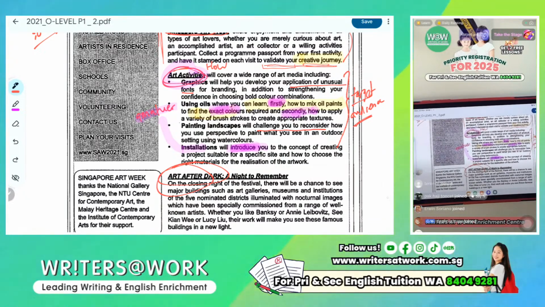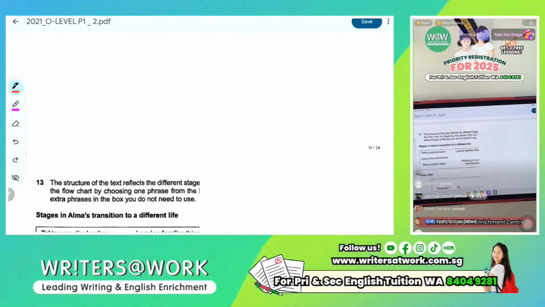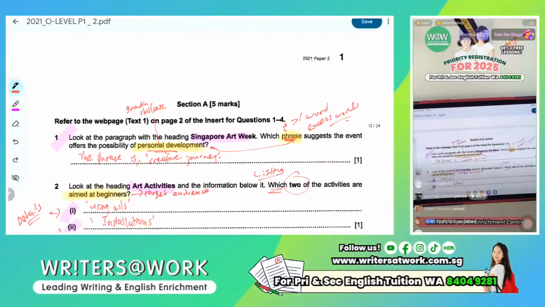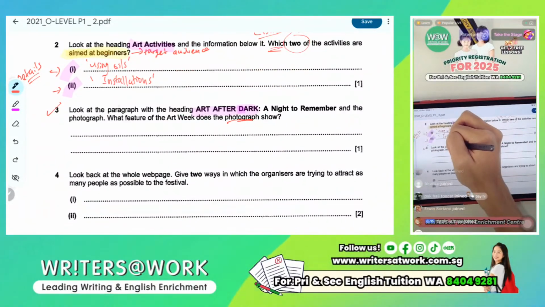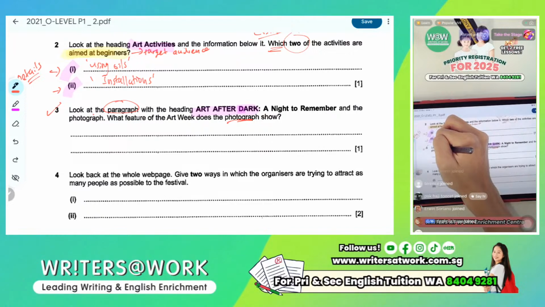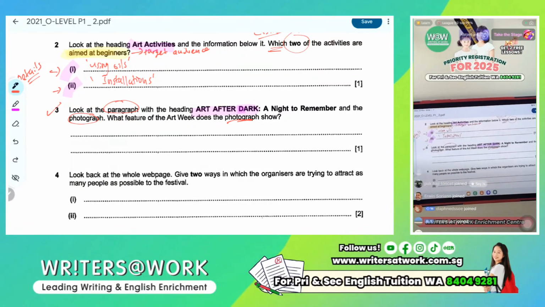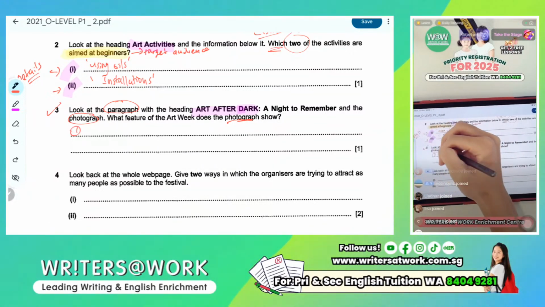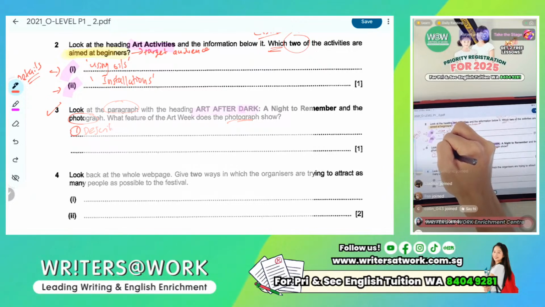So when you encounter questions like this, where they talk about looking at a paragraph and the photograph, this is a more challenging kind of question, because the first thing you need to always do is to describe the photograph.